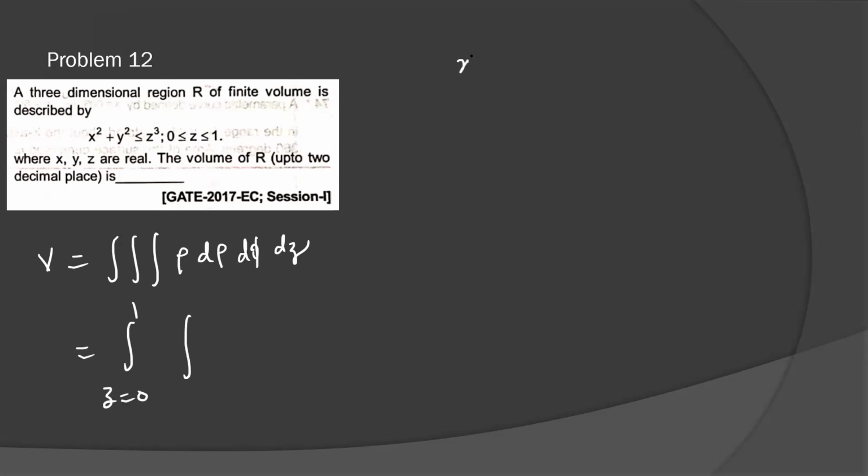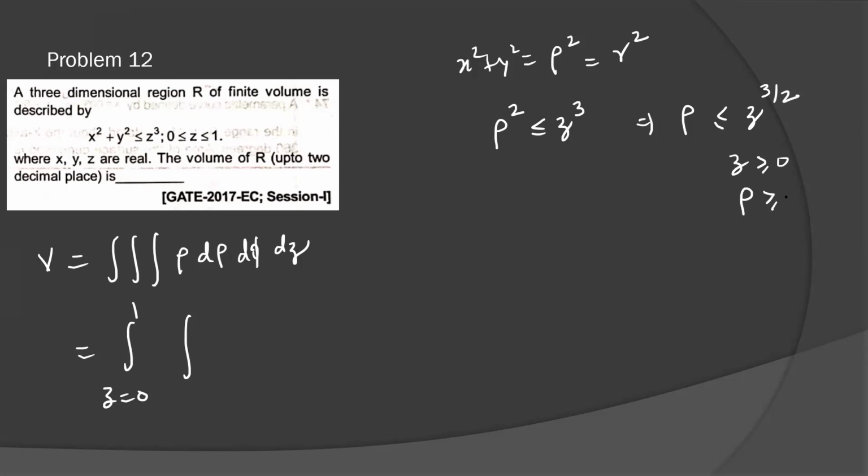If you put x square plus y square equal to rho square, or r square, some people use r notation also, then rho square is less than equal to z cube. So rho is less than equal to z to the power 3 by 2. And z is positive, and rho is a radius, so it is always positive.